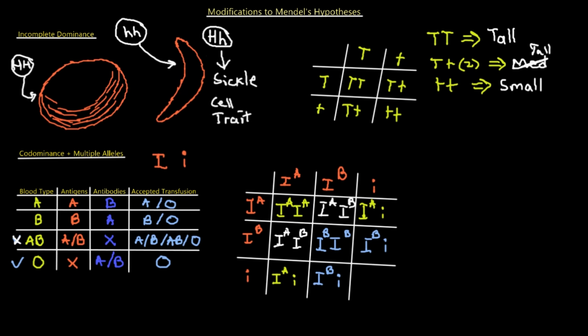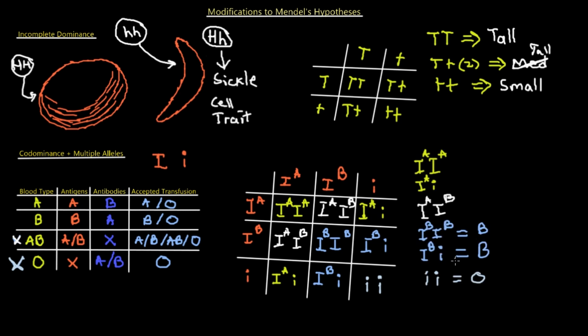And finally, for our recessive allele, we have blood type O. So this one right here is going to be blood type O. As you can see, all of this exhibits multiple alleles, and this one right here specifically, because A and B are codominant, they're going to be AB blood type.